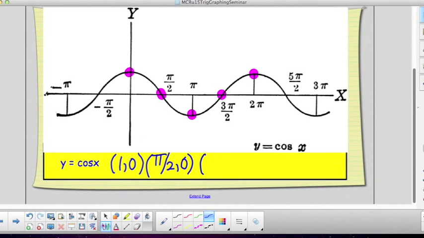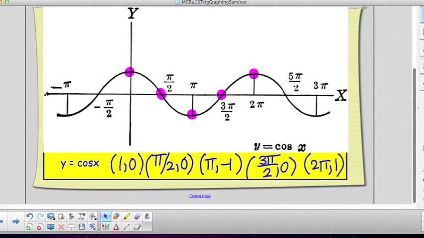Then I have (pi, negative 1). Then (3 pi over 2, 0). And (2 pi, 1). Notice that the x-coordinates are still the same for the key points, but the corresponding y values are different. And again, I do have my axis of symmetry, the x-axis, y is equal to 0.